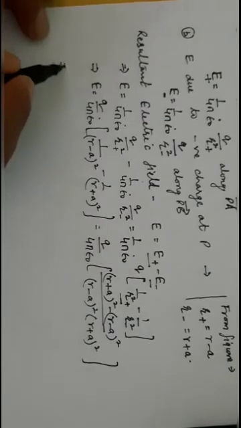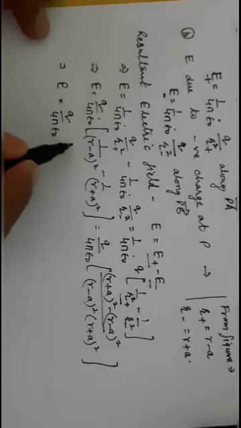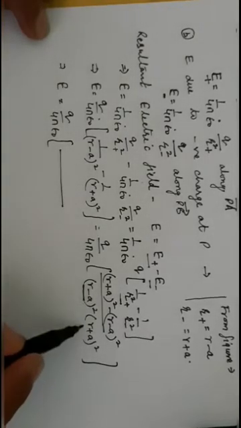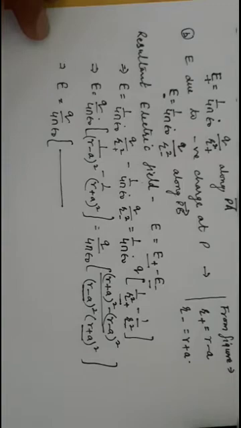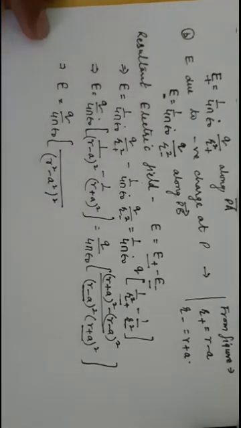After solving it, we get 1 upon 4 pi epsilon naught. This is R minus A, this is R plus A. Just like A minus B into A plus B is A square minus B square, it becomes R square minus A square, the whole square.